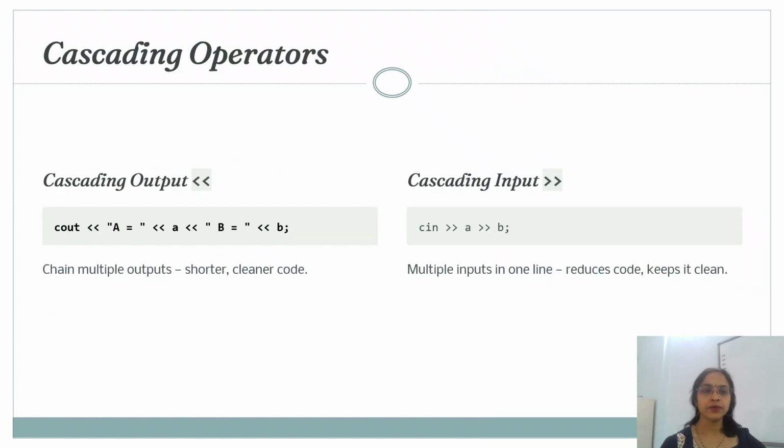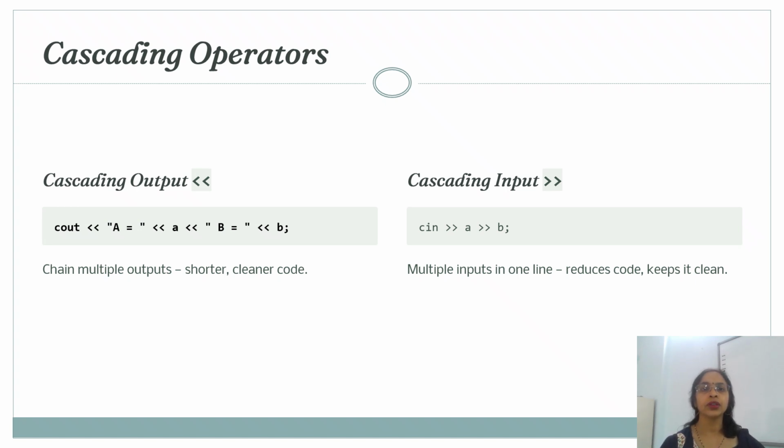Cascading operators. Cascading means chaining. Instead of writing multiple cout statements for printing multiple outputs, we combine them by using the insertion operator again and again, and just write the variables we want to print.